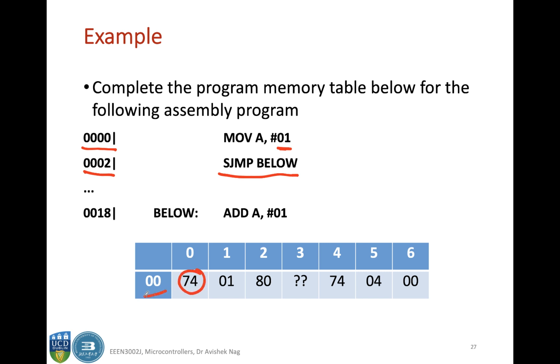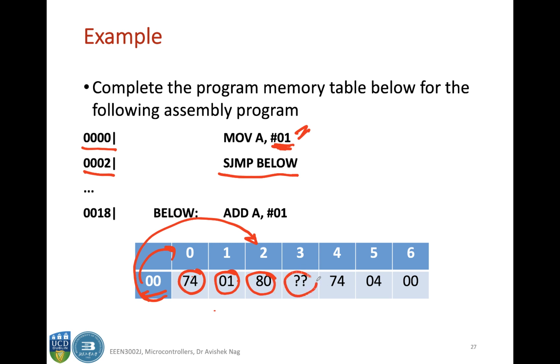It starts at 0000, and 01 is the next byte because that's the data. So the 2-byte instruction is these 2 bytes, and then for the short jump, which starts at 0002, the opcode is 80.